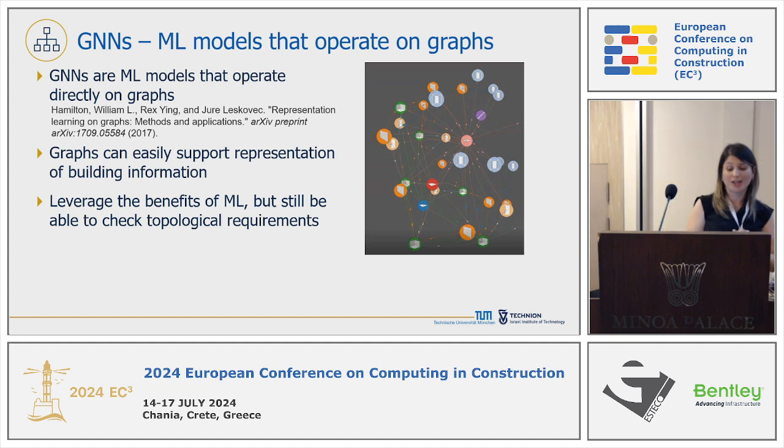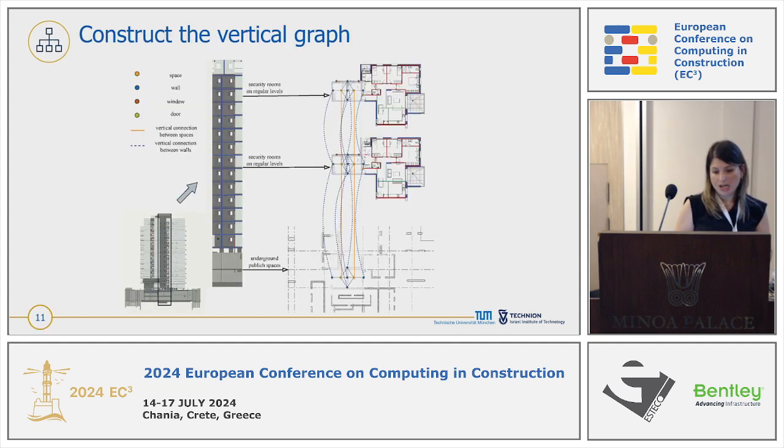Sorry for my voice today. Again, since there are so many considerations about the relationship between the elements within the security shaft, we have to somehow express that within the machine learning model, and we can do that with a graph. So the first thing to do was to get this vertical graph that represents the security shaft, and this was done using Dynamo inside Revit.